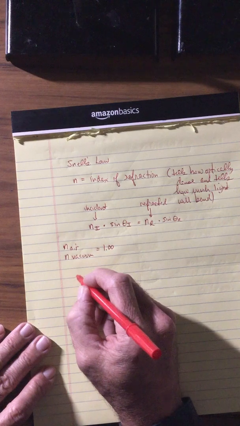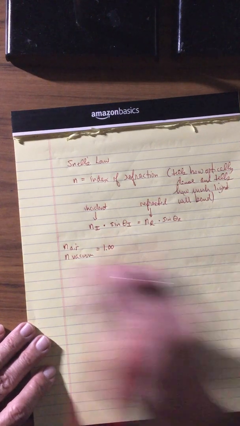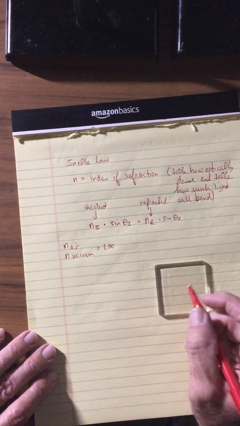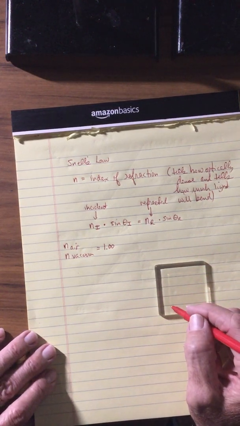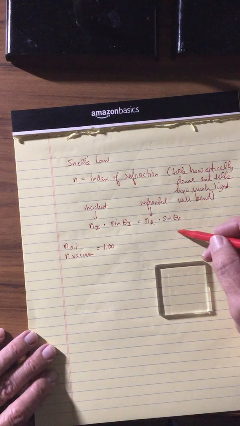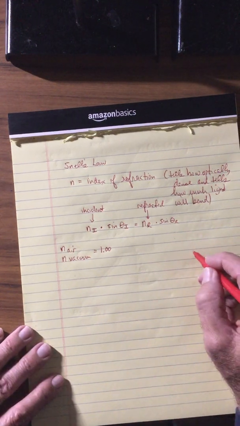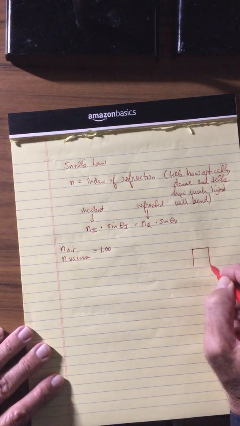So let's say that we have an angle coming in. We have a piece of glass, and we have our angle coming in at 60 degrees. Remember, we measure it from the normal. So we can just do a quick sketch of this over here.